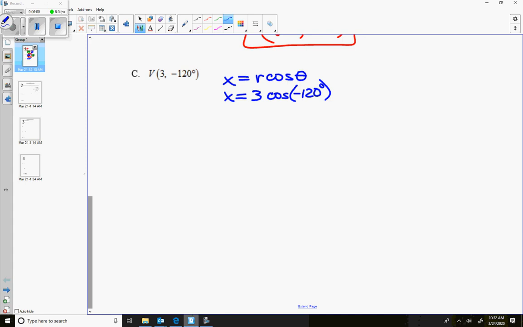Remember, that's coterminal. Just add or subtract circles. Negative 120 degrees, if you add 360 to it, it's the same thing as 240 degrees. So really, what's the cosine of 240? And we get negative 1/2. So, doing the arithmetic, x is negative 3/2.